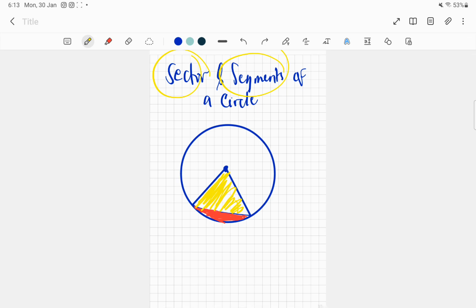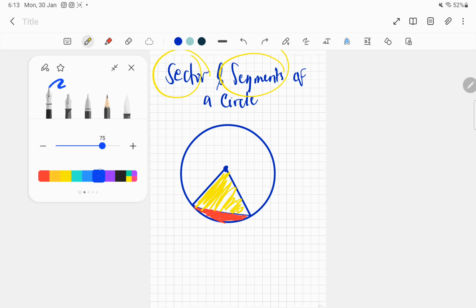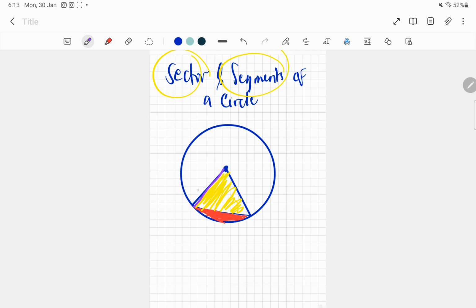Ibig sabihin, kapag si sector, meron siyang triangle, meron siyang segment. Pero si segment, part lang siya ni sector. Kaya doon nagmula yung formula natin ng area of a segment. Okay? Na ang area of a segment is equal to area of a sector minus the area of a triangle.